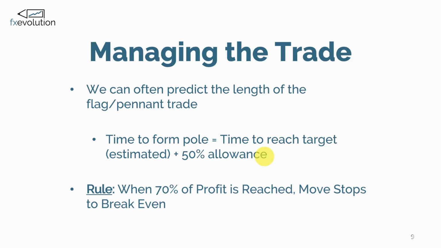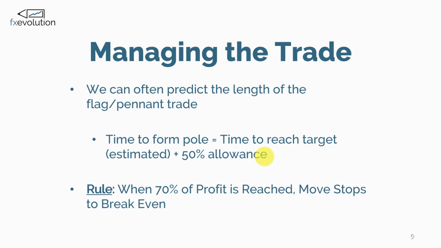So let's take a look at some rules of managing the trade. We can often predict the length of the flag and pennant trades because, of course, we know the pole length. The time to form the pole, or the time to reach the target, could be the exact same time that it's taken previously, and I like to allow 50% allowance.